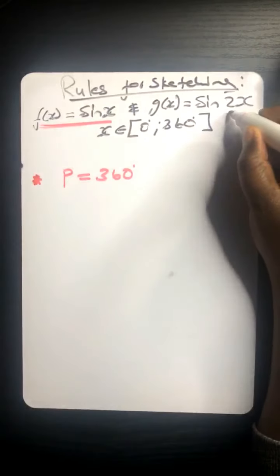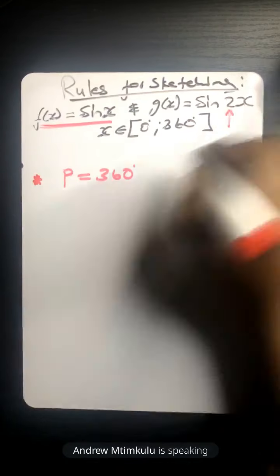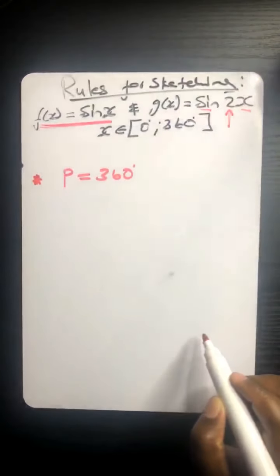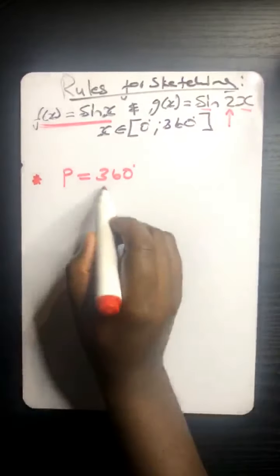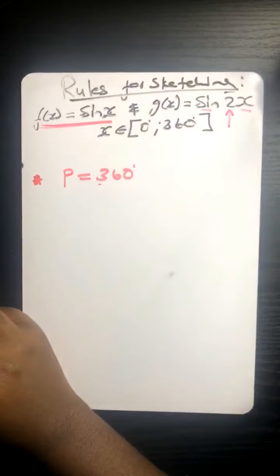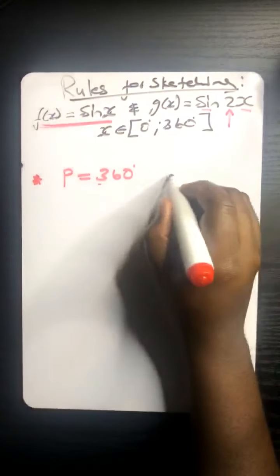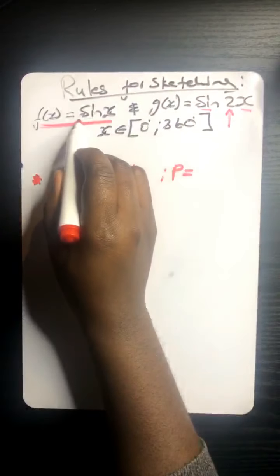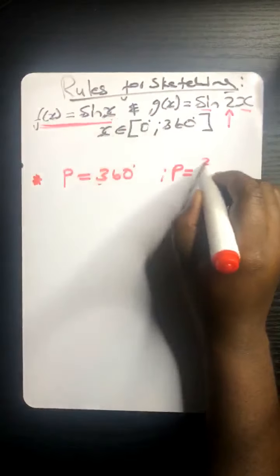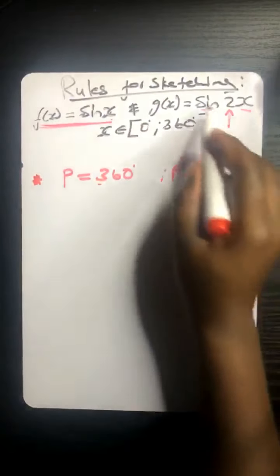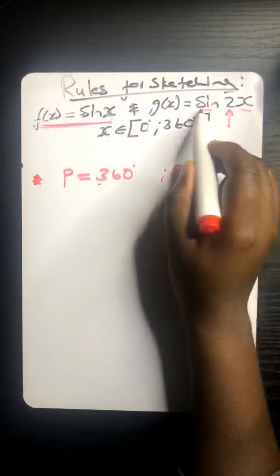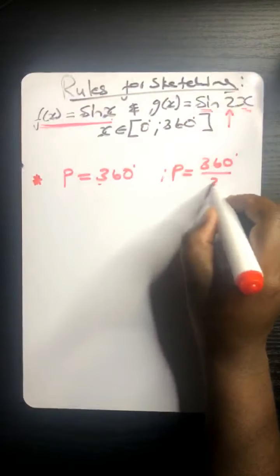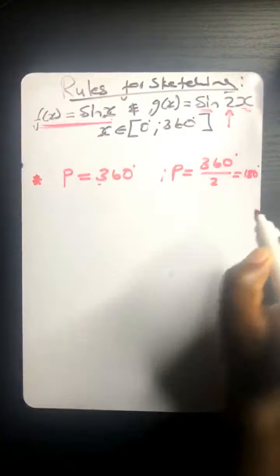But can you see, the moment you start having a value in between the trig ratio and the angle, then the period is no longer 360, but there's a way in which you calculate it. You know that the period for this function is 360. So for this one, it is going to be 360 because you know for sine the period is 360. But because of the 2, you just divide it by 2. What are you getting? You get 180 degrees.